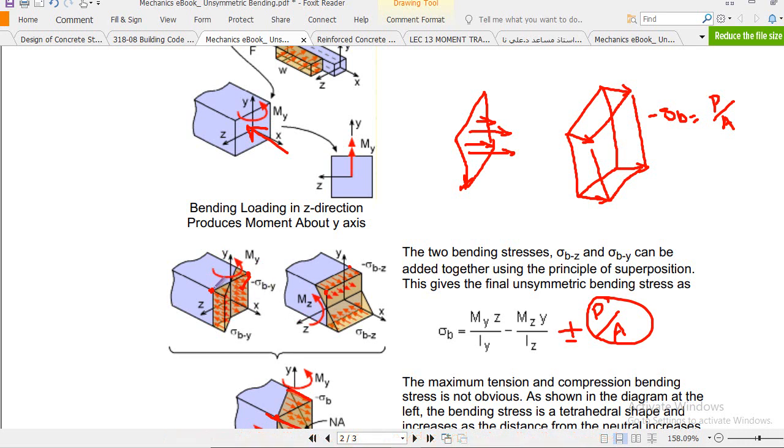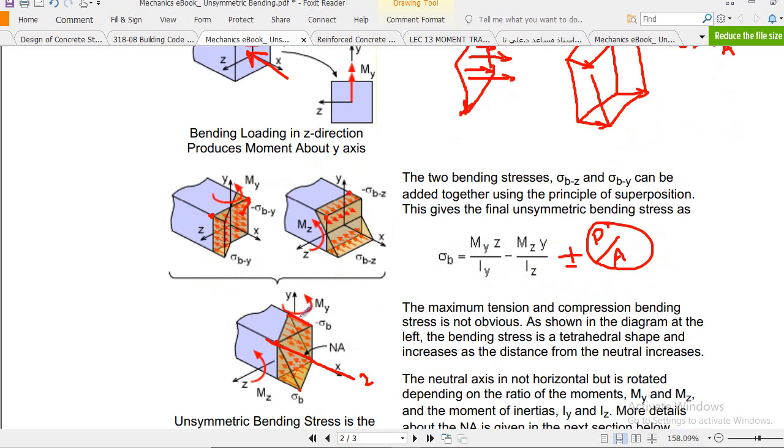The net result at this corner: this is in tension and this is in compression, so tension and compression cancel each other, and we get zero if the magnitudes are the same. So the stress at this point is zero. Now at this corner we have compression, and similarly at this corner we have compression. Adding these two compressions gives a larger compression stress.